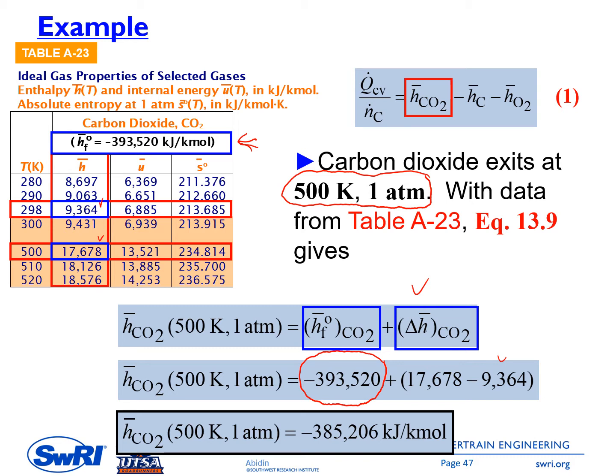So you just need to plug in all the numbers here, and you will get the enthalpy of the carbon dioxide at 500 Kelvin 1 atmosphere of minus 385,206 kilojoule per kilomole. So we have calculated the enthalpy for CO2, C and O2. Now we just need to plug in all these numbers to get the heat transfer per mole of the carbon flow, in equation 1 here.